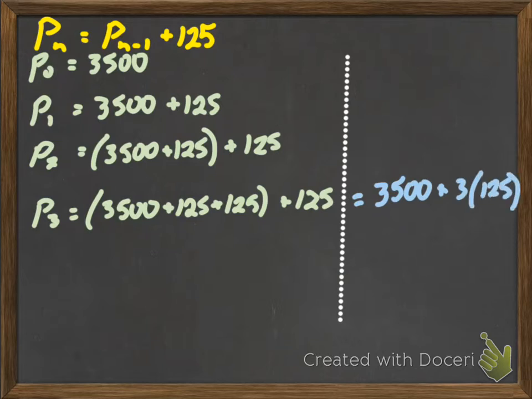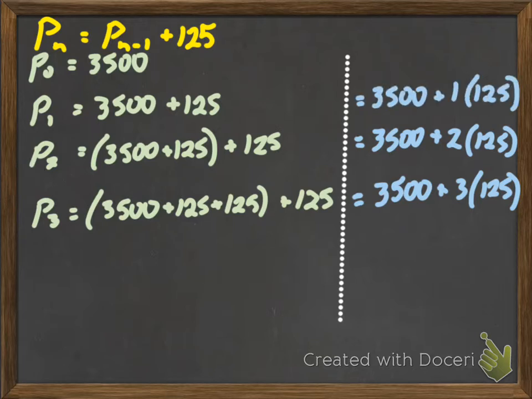So let's look at P sub 3, right? So P sub 3 really is 3,500 plus 3 times 125. Notice where the 3 comes in. It's right there. And here, this is 3,500 plus 2 times 125. Notice this is P sub 2. P sub 1.